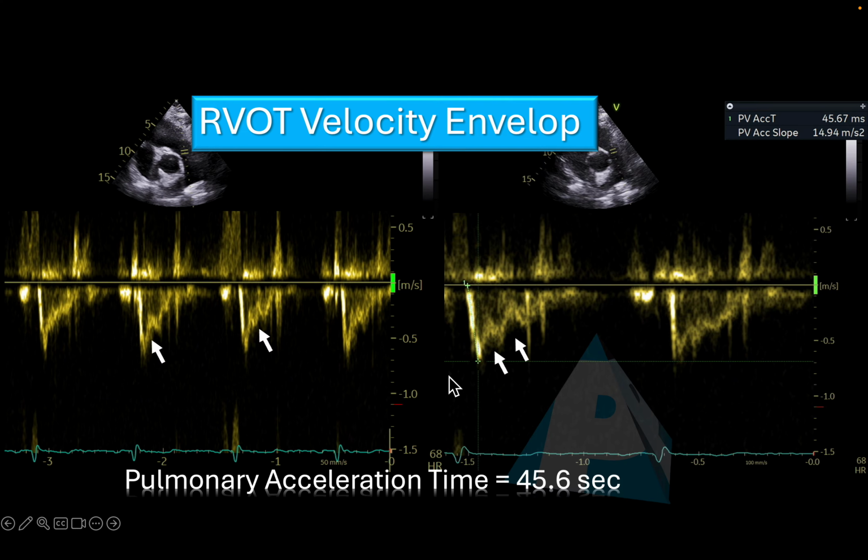Here we see something more than that. You see a systolic notch, a mid-systolic notch, and in this patient we could in fact see two notches in the pulmonary artery Doppler. And what does this notch in the Doppler indicate?